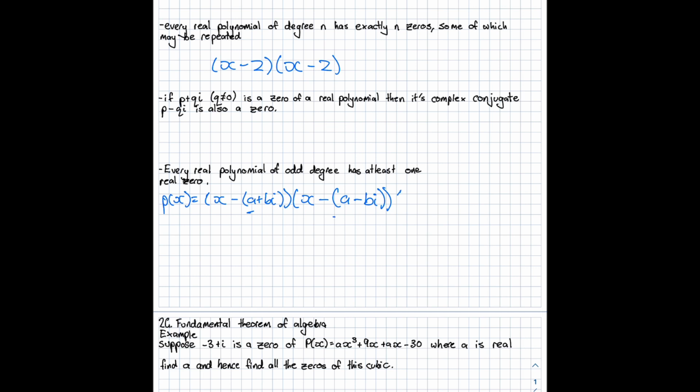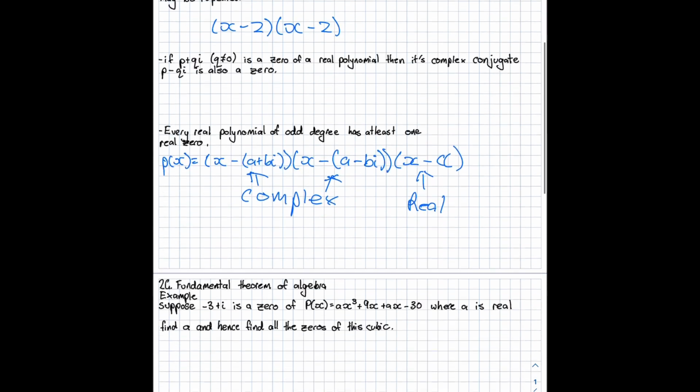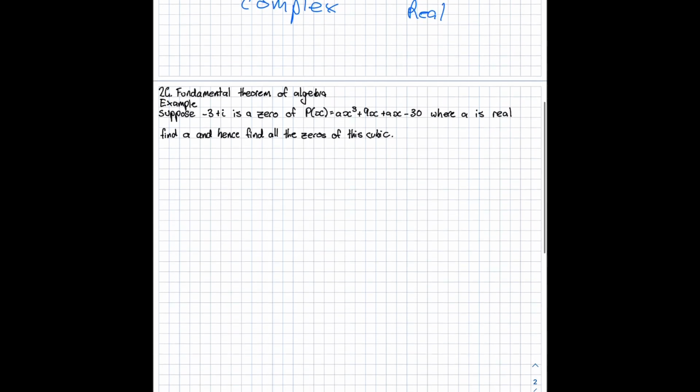We can't have a complex one without its pair, so that means we've got our real factor here, and these are complex down here. I've tried to rip through this because this section is almost purely definitions. We're just finding things that can help us in this space.